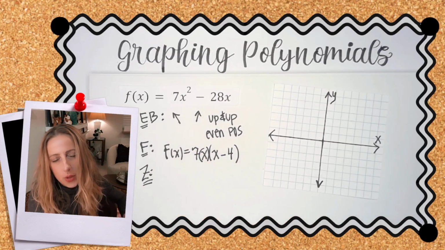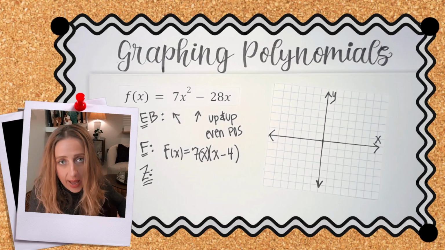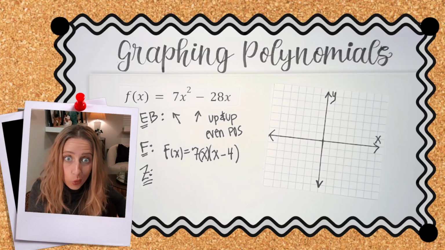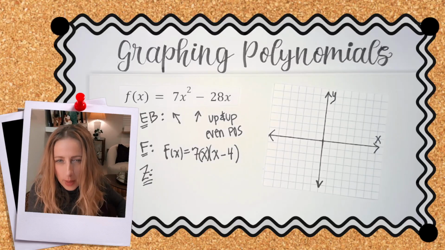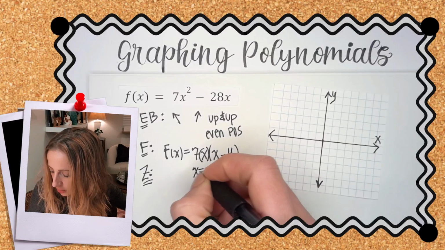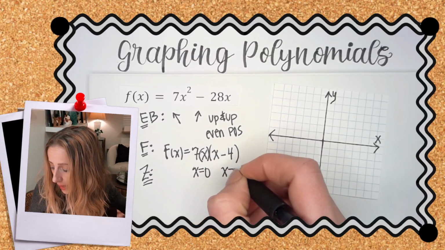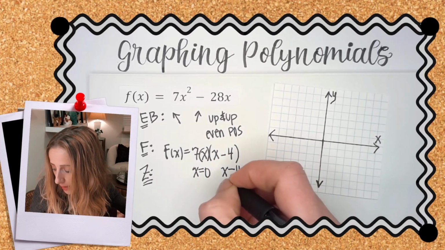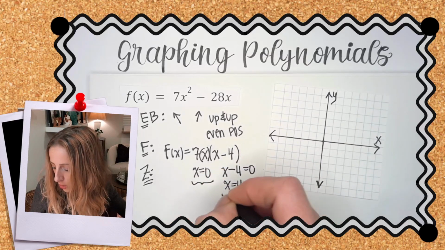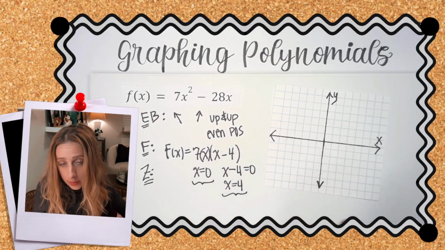The largest exponent is the maximum number of x-intercepts you can have. So if you're finding more than 2 in a case like this, you're messing up. So the 7, don't worry about that. Setting each factor equal to 0, you get x equals 0, and x minus 4 equals 0. So x, add 4 to the other side, equals 4. So here are my 2 x-intercepts, or zeros.